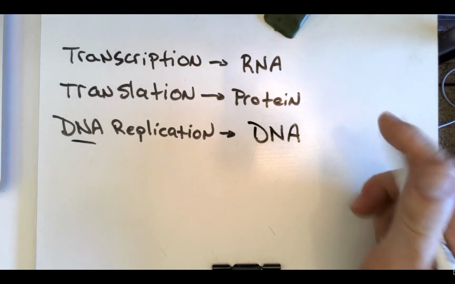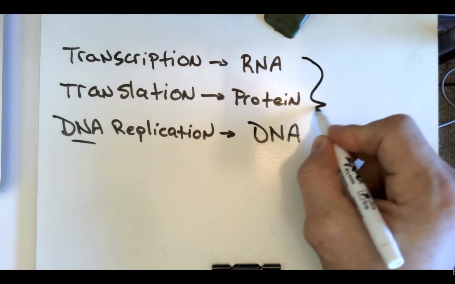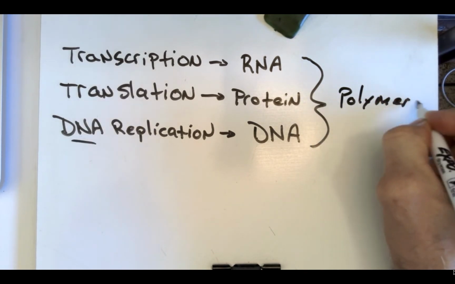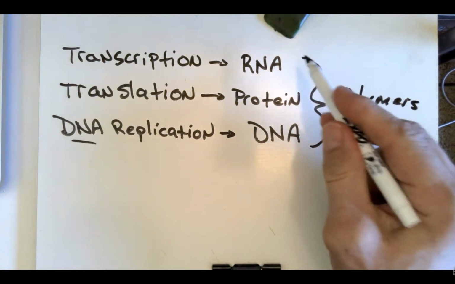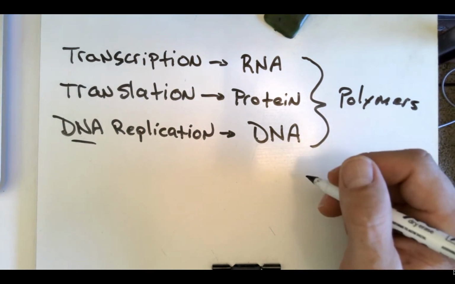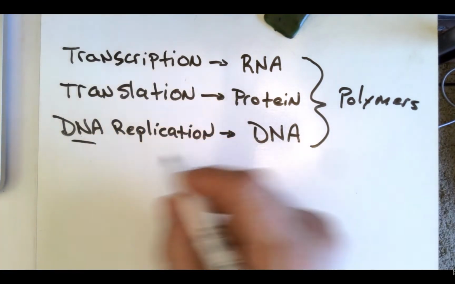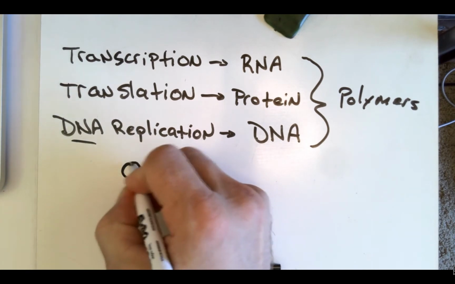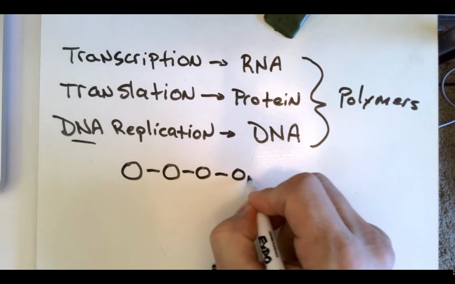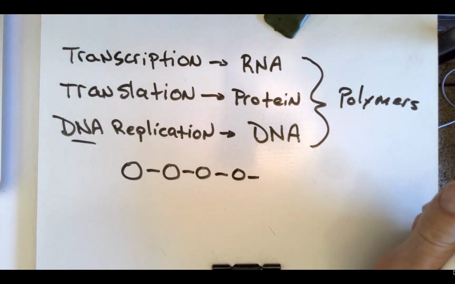It's a polymer. So all three of these are polymers. RNA and DNA are nucleic acids, and proteins are proteins. And what that means as a polymer is it's simply taking monomers and covalently linking them to one another.